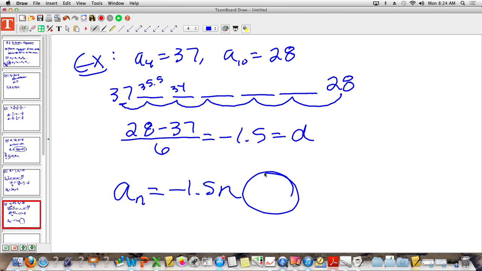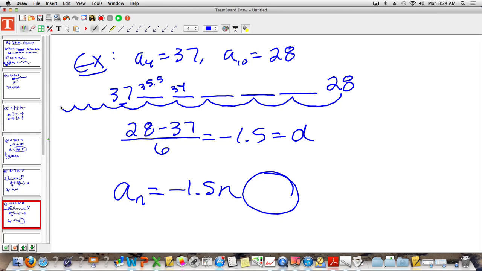Remember this term, 37, is actually the 4th term. So we need to think backwards all the way to the 0 term. So I have to go backwards to the 3rd term, to the 2nd term, to the 1st term, and then to the 0 term. So I need to think backwards how many steps? You need to think backwards 4 steps. When I think backwards, every step is a what?